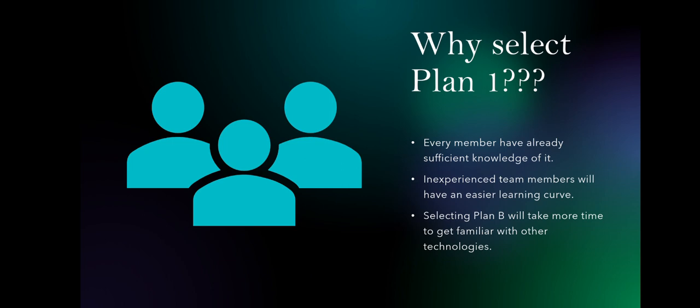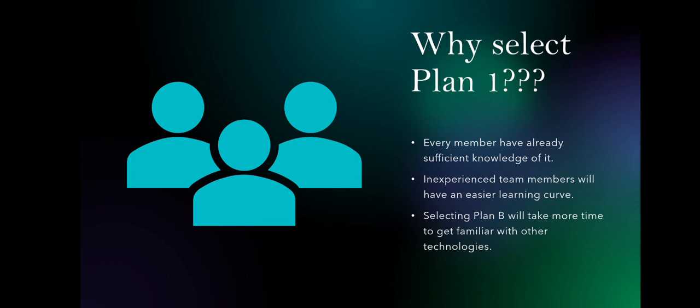On the question of why we selected Plan 1, it was that each of our members was already very good at it, and they had very sufficient knowledge of it. And why we didn't use Plan 2 was that we didn't have enough experienced team members with Plan 2.